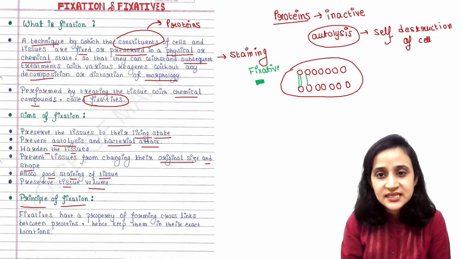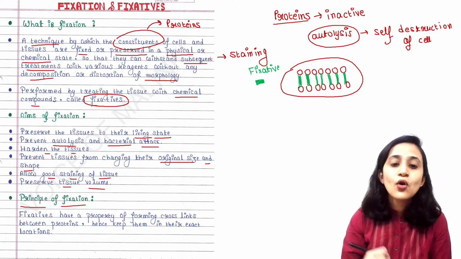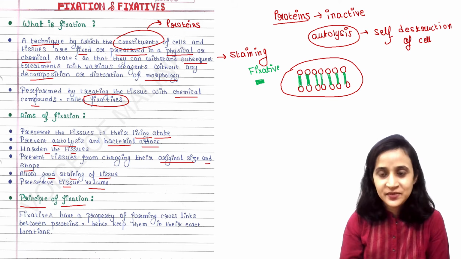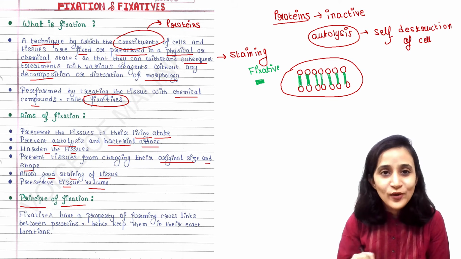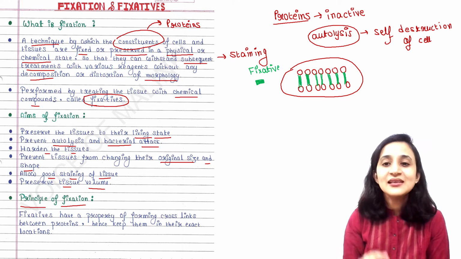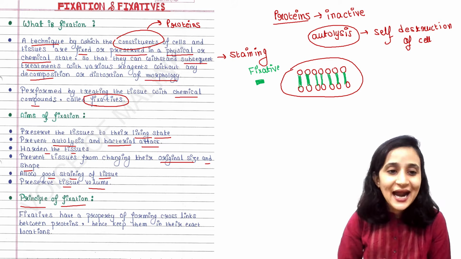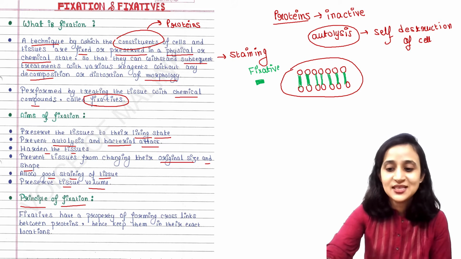So what it does, fixatives are some chemicals that will cross-link these proteins so that these proteins are bound, they are stuck in the particular location of the cell. So that is the principle of fixation.